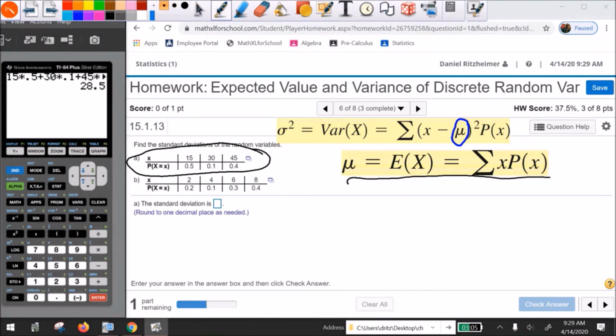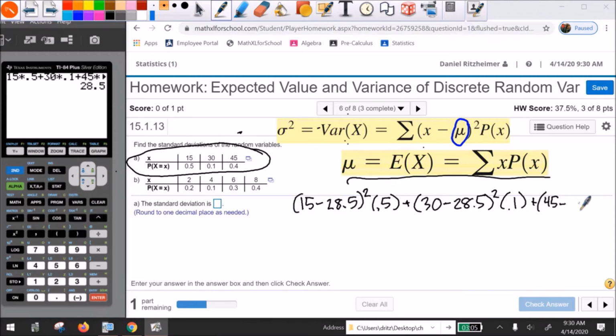So our one outcome, 15, we have to figure out how far that is from 28.5, find the squared deviation there, multiply that by the probability of it occurring, which was 50%, and then do our next outcome, 30 minus the expected value squared times the probability of occurring, 10%, plus our last outcome, 45 minus the expected value squared multiplied by the probability of occurring, 40%, and that should give us our variance, and our standard deviation would be the square root of that result.